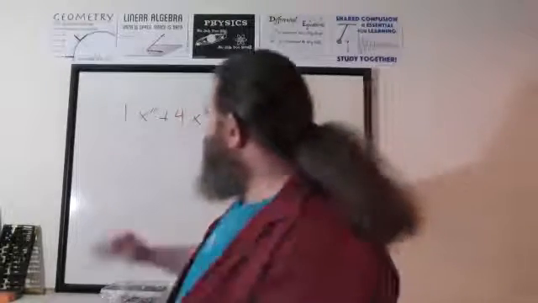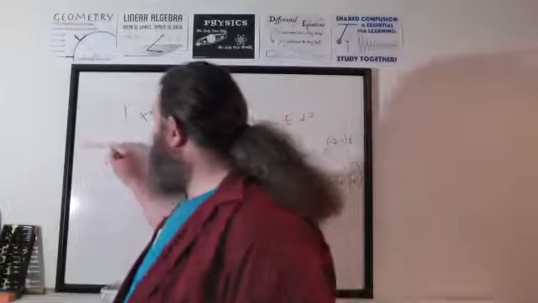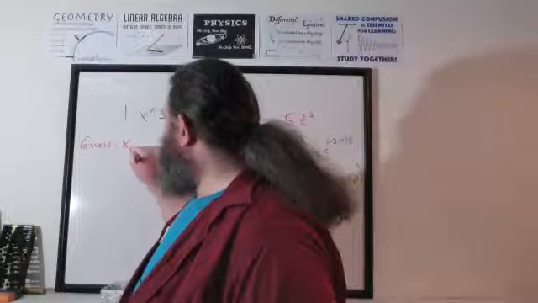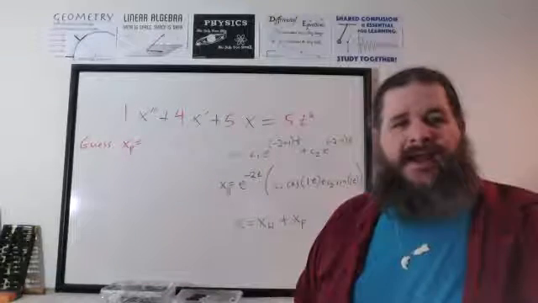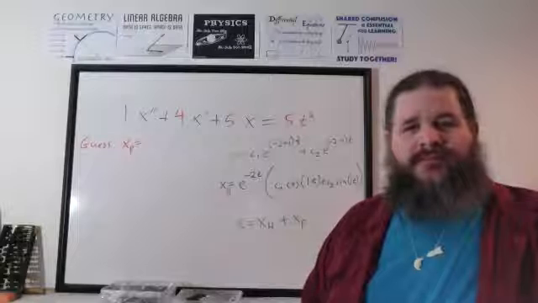Undetermined coefficients is we're going to make a guess that the particular solution is based on the 5t squared here. What guess would you make for the particular solution?